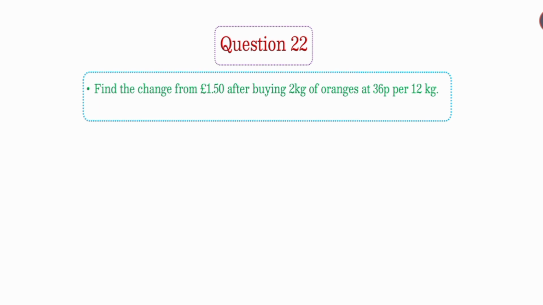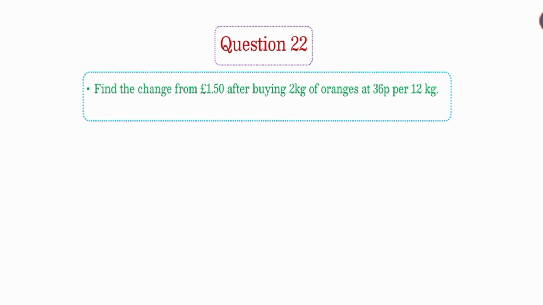Question number 22. Find the change from 1.50 pounds after buying 2 kilograms of oranges at 36 pence per 12 kilograms. Now you have to find the change. If you are paying 150 pence after buying 2 kilograms of oranges, and the price for 12 kilograms is 36 pence. Now to work it out, first we need to find the price for 1 kilogram.